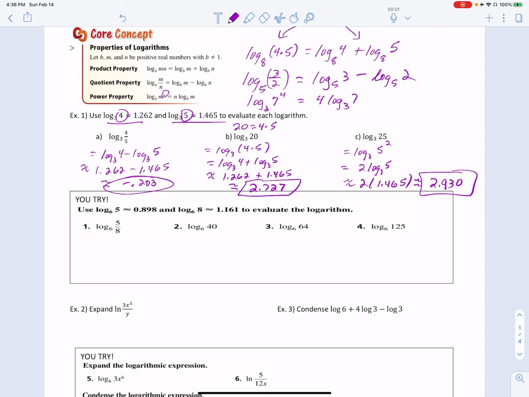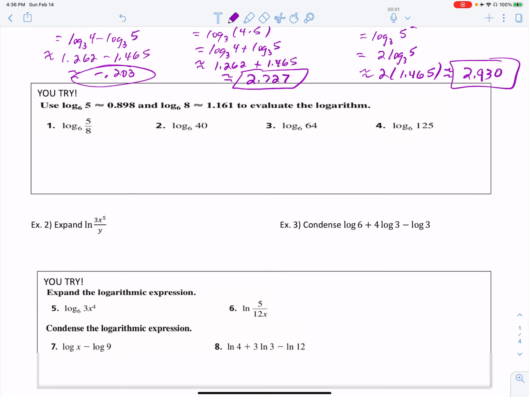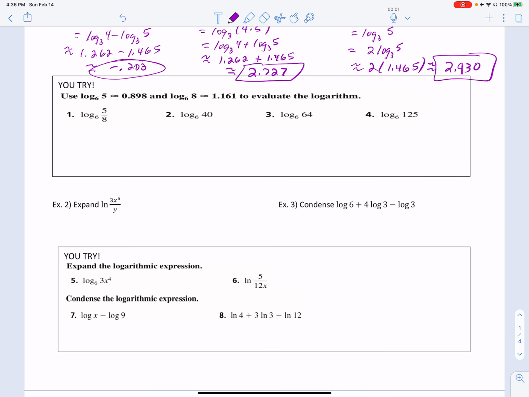So stop the video, try it, and then come back and see how you did. So how did you do? We have this log base 6 of 5 divided by 8, and we have both the log base 6 of 5 approximation as well as log base 6 of 8. So I can make this log base 6 of 5 minus log base 6 of 8.